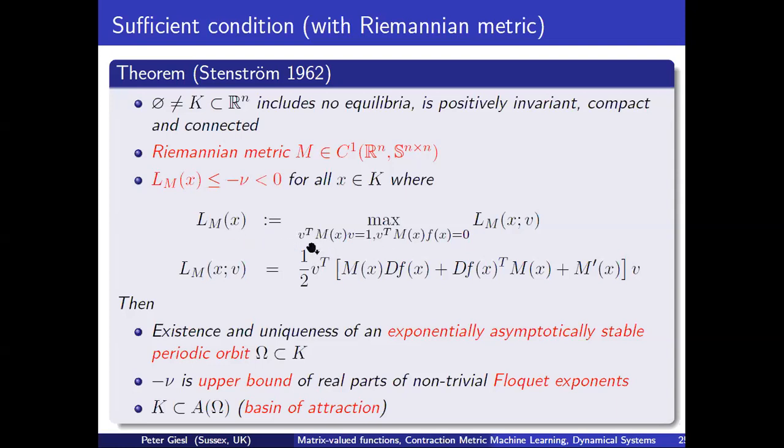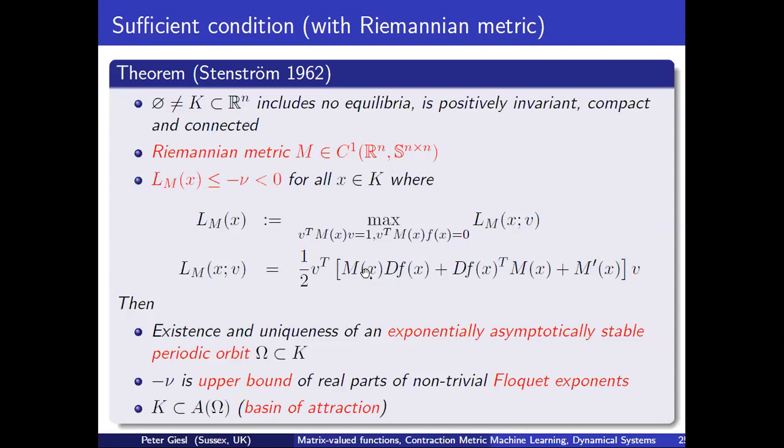We take the maximum of, this is basically v as norm 1, but in this new point-dependent scalar product. And it's also perpendicular to f, again, with respect to this new scalar product with M in here. And this is the corresponding formula now taking M into account.